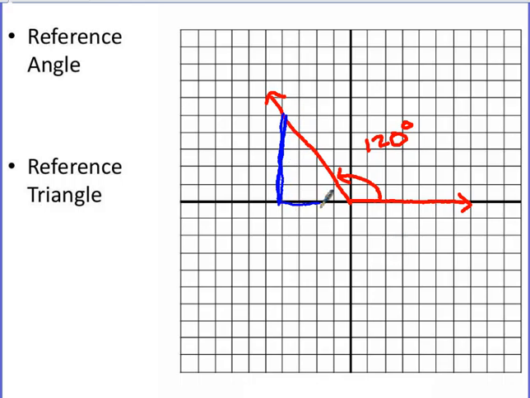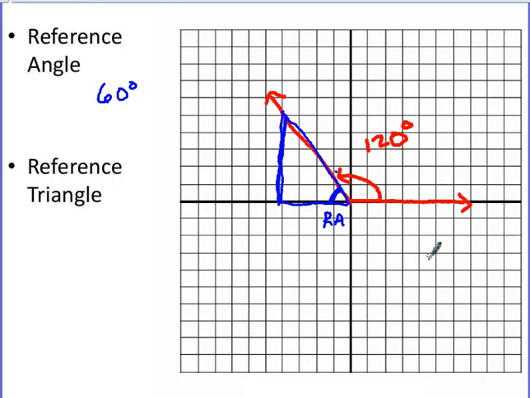This gives me a reference triangle, and the angle that is formed at the origin is the reference angle. So that's my reference angle right there. If this is 120 degrees, then this reference angle would have to be 60 degrees.